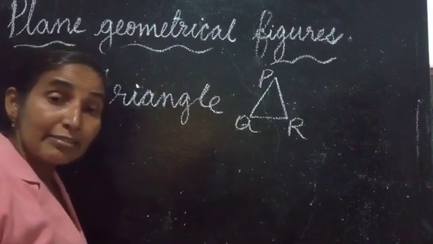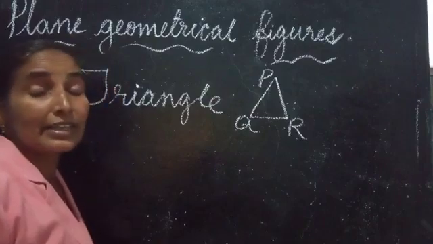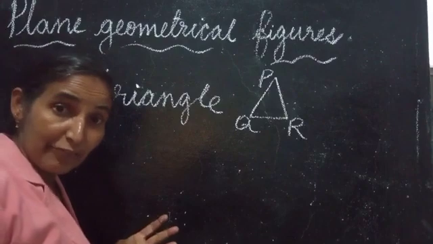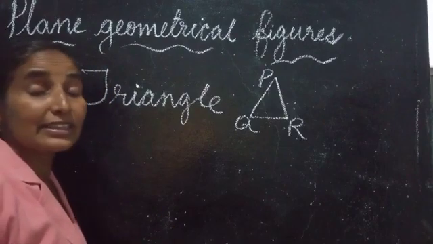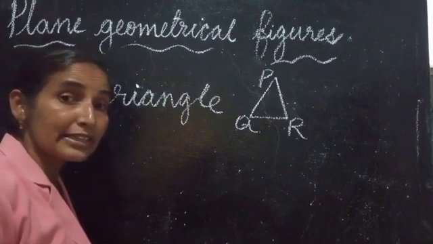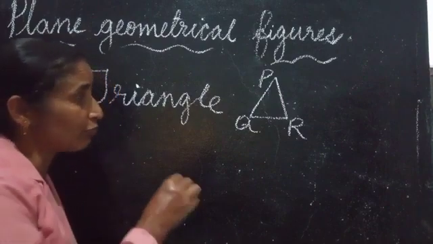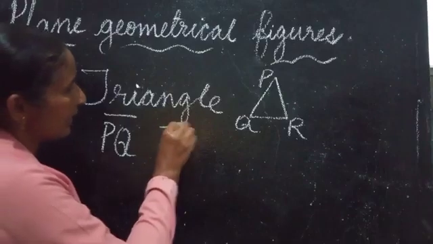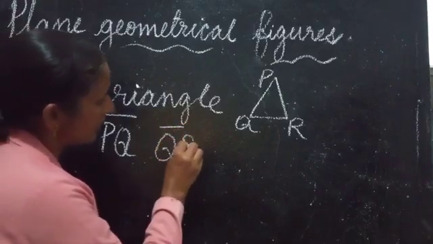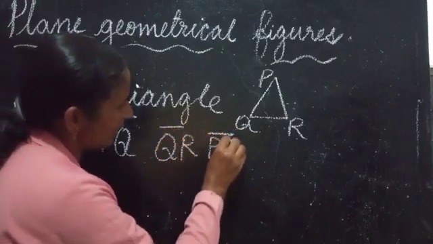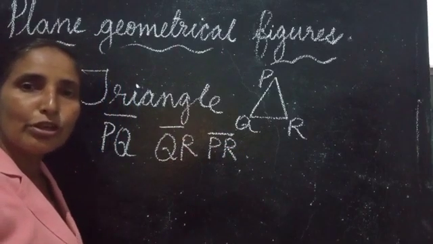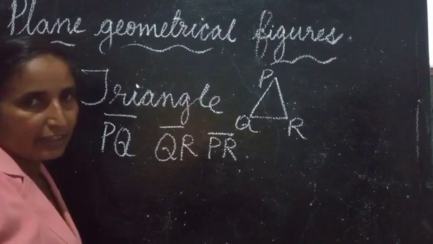How many line segments are used to form this triangle? 3. Very good. Which are those 3 line segments? Line segment PQ, line segment QR, and then line segment PR. 3 line segments are used to form a triangle.